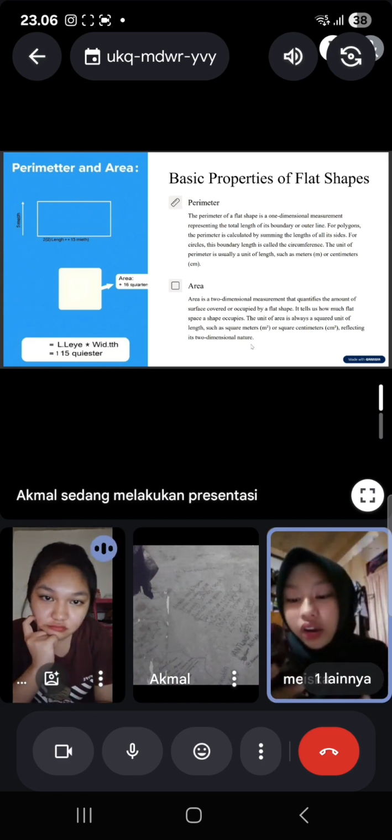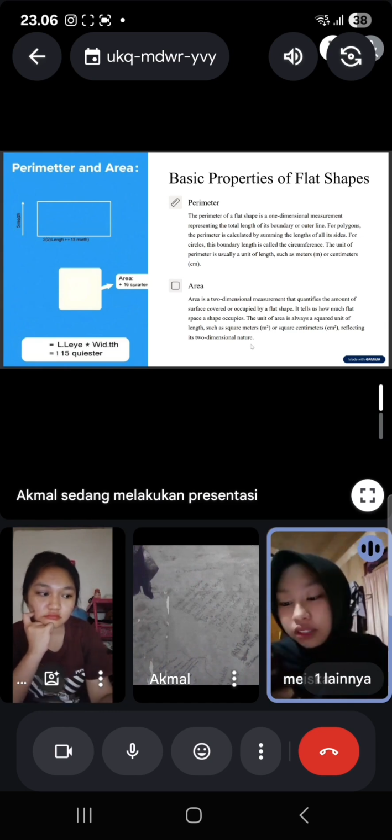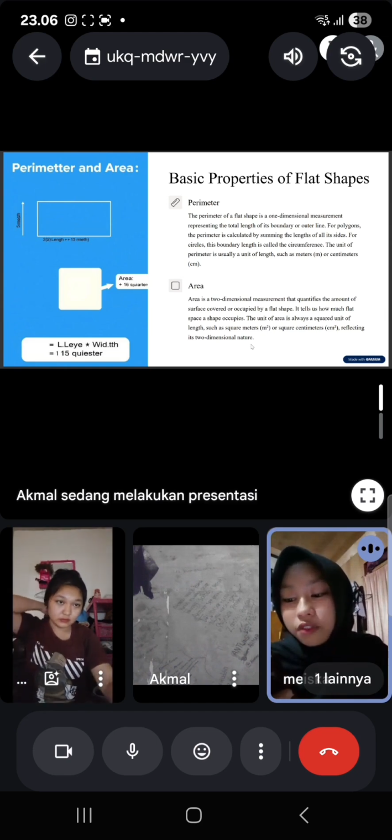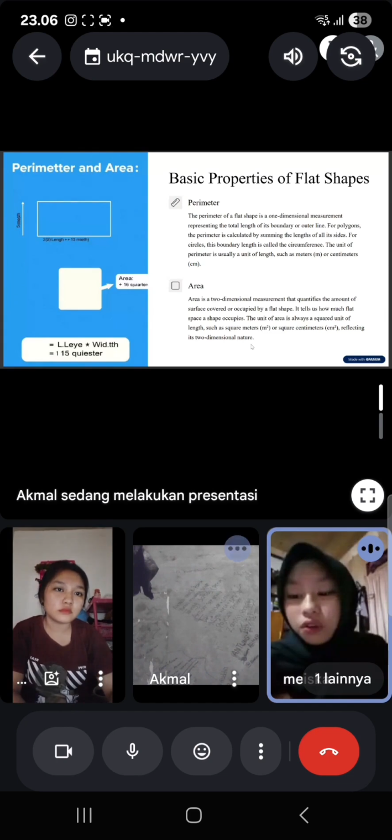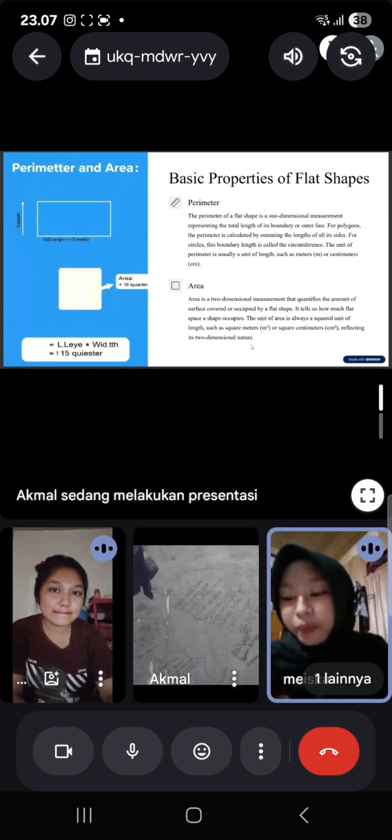Area. Area is a two-dimensional measurement that quantifies the amount of surface covered or occupied by a shape. It tells us how much flat space a shape occupies.